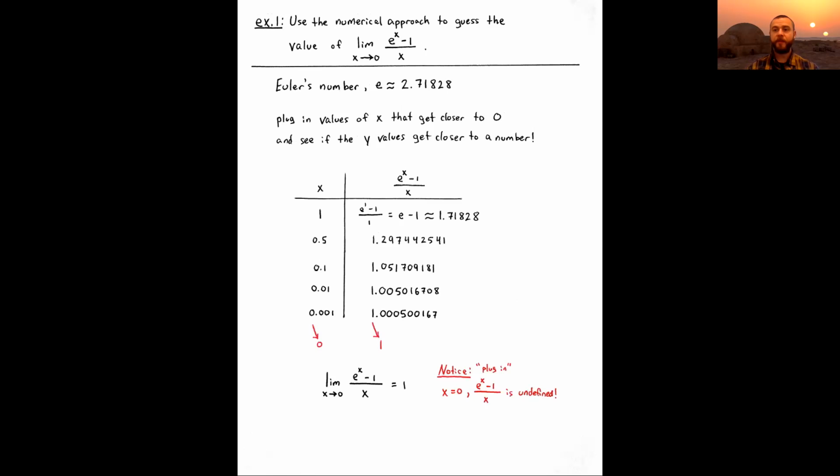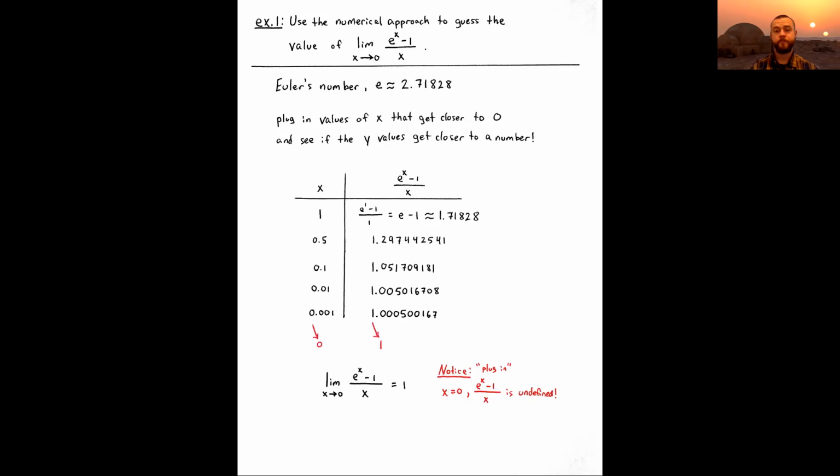And as it turns out, a little bit beyond where we are right now in our course, it actually is correct, mathematically true, that this limit as x approaches 0 of e to the x minus 1 divided by x is 1. All right, we see that in the table, all those y or function values gradually get closer to a single number, 1.